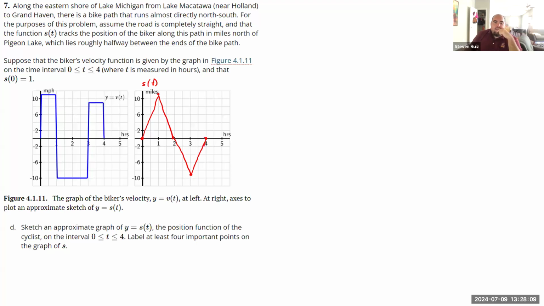So let's make sure this makes sense. What's the slope of this line here? Well, that line goes between (0, 0) and (1, 11). m equals y2 minus y1 over x2 minus x1.